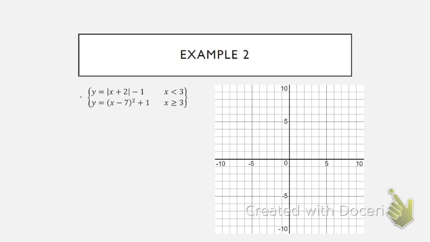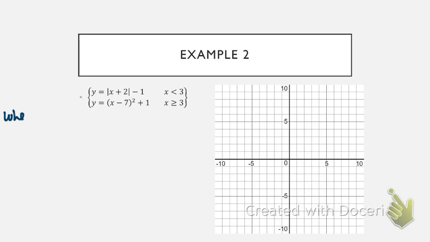So just like the last one, basically when we're graphing these, we're going to graph one at a time. So this first one, it's a throwback to the very beginning of the year. It's the absolute value function is what those absolute value bars mean. This starts at 3. So I'm going to plug in 3.